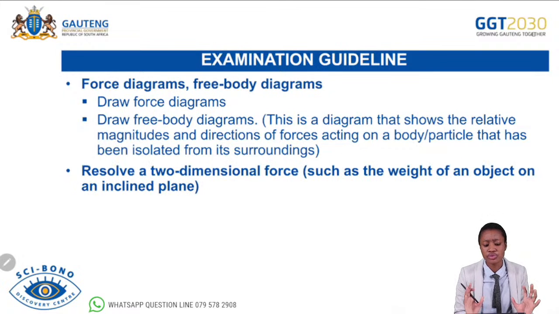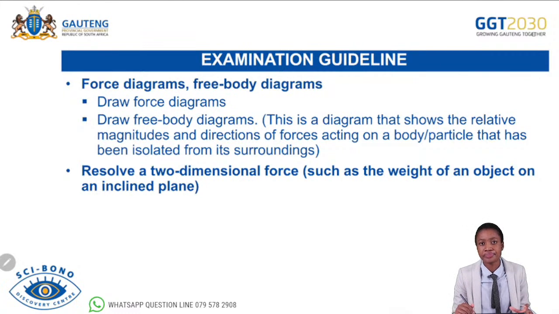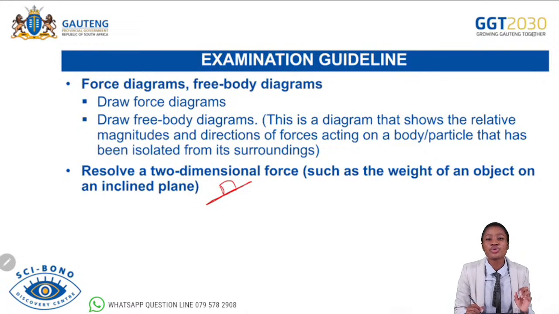And then you should be able to resolve a two-dimensional force such as weight on an object on an inclination. So remember, when we're looking at an inclined plane and we're trying to resolve the components, there are two formulas that you do not find on your formula sheet that you need to remember.